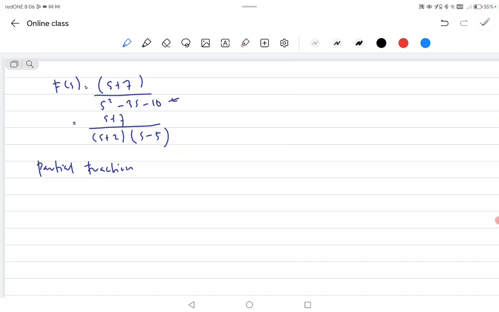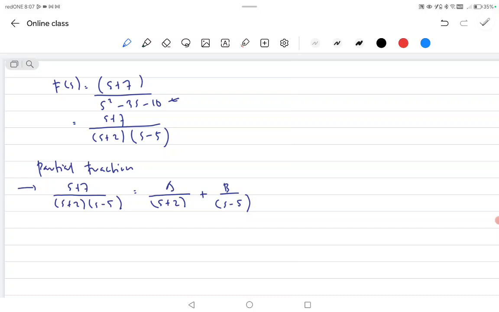Okay, so from the partial fraction, basically from (s + 7) over (s + 2)(s − 5), we can write this down as A over (s + 2) plus B over (s − 5). Then we compare the denominator.